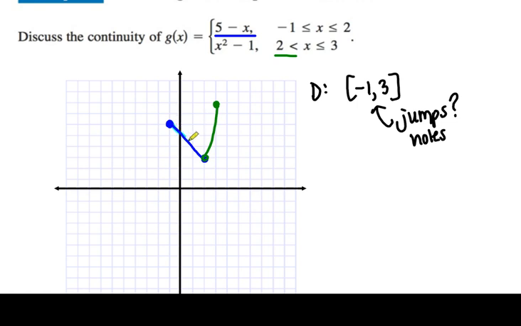The answer to this is no. See, look, I don't have to pick up my pencil, and I can draw that graph without picking up my pencil. So now we have to look at this particular place right here. Let me do red. I have to look at where x equals 2, because that's where one function ends and the other begins. What is the limit? And what is the function value? And it's g of x, not f of x.